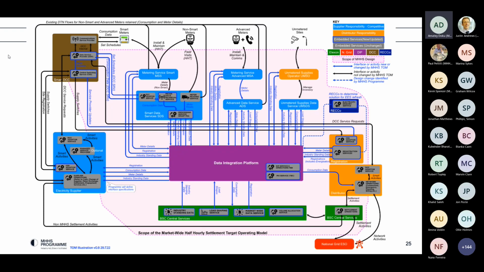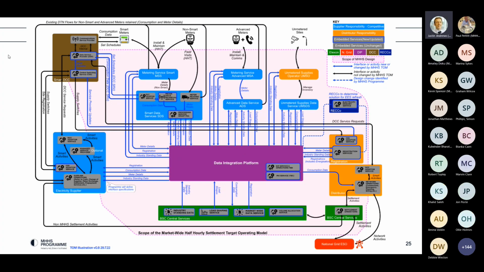Since the MHHS program is following, I think, TOGAF, do we have as is, to be, and gaps related to the TOM? I don't believe there is any as is. It's all to be. The business process, everything replaces what we've got now.